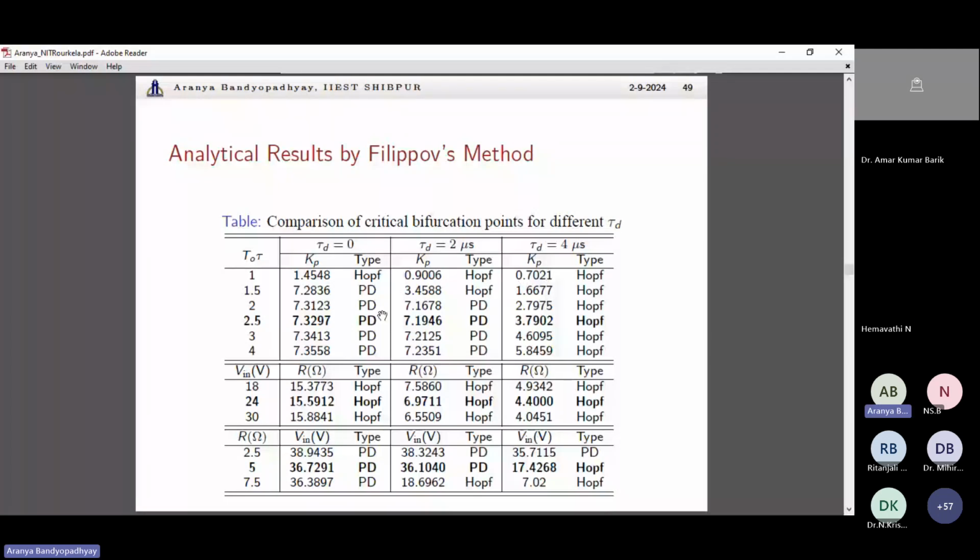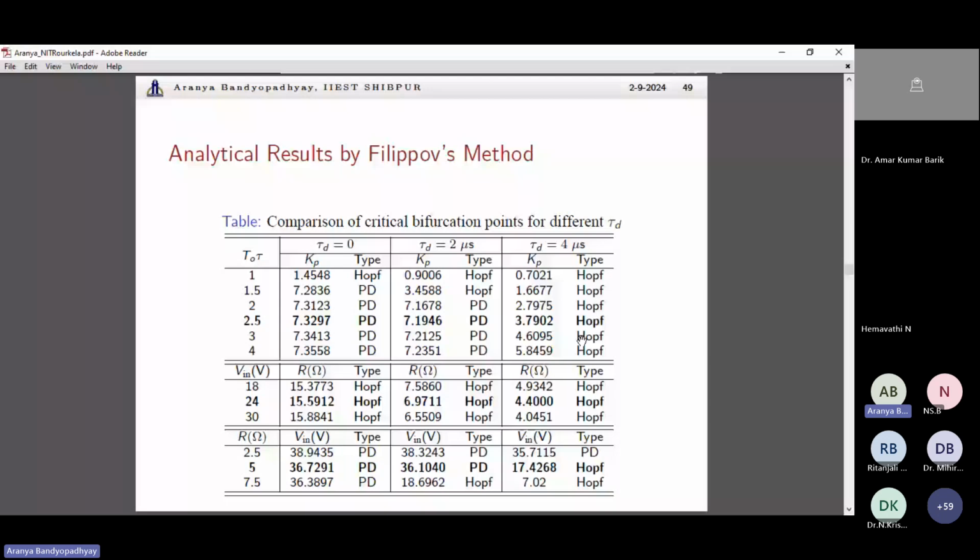Interesting, isn't it? But what about period doubling bifurcation? You can also see that in some cases, the period doubling bifurcation is not only occurring at a meagerly earlier stage, but in some cases it is often being replaced by the dominant Hopf bifurcation.